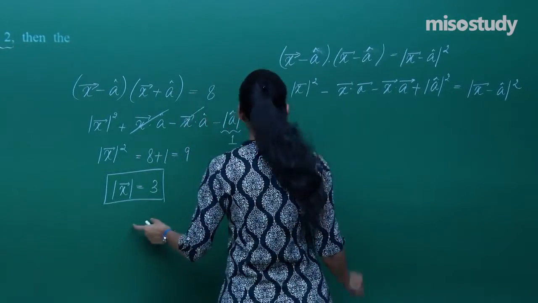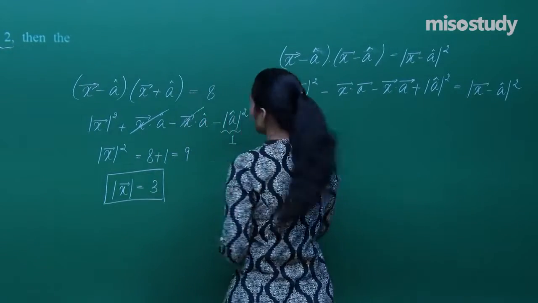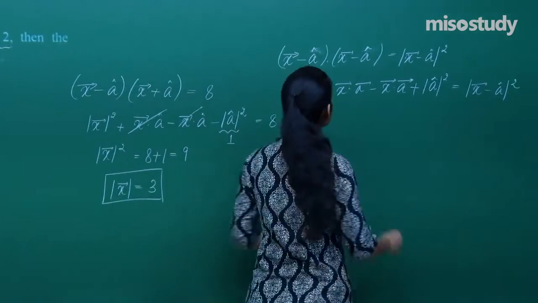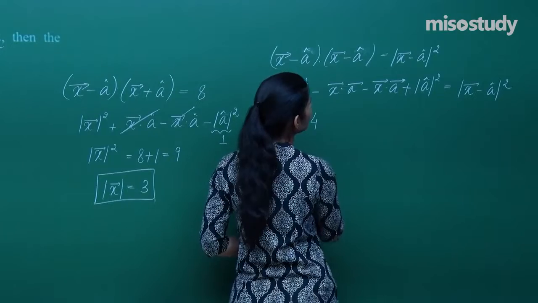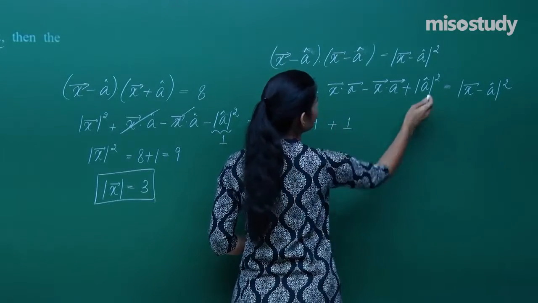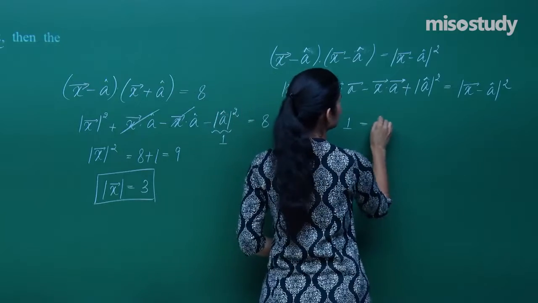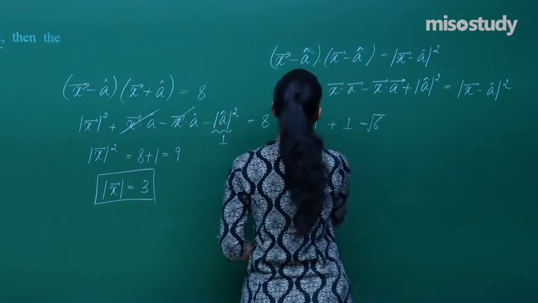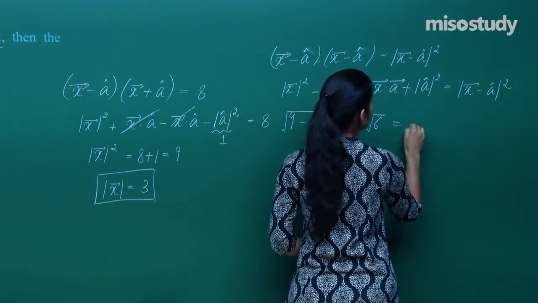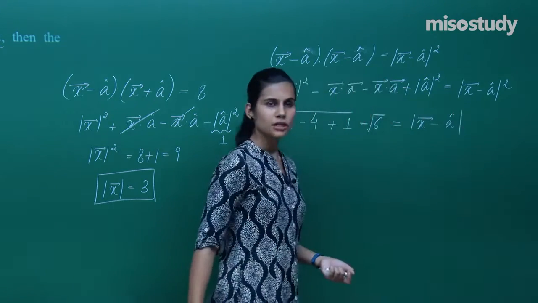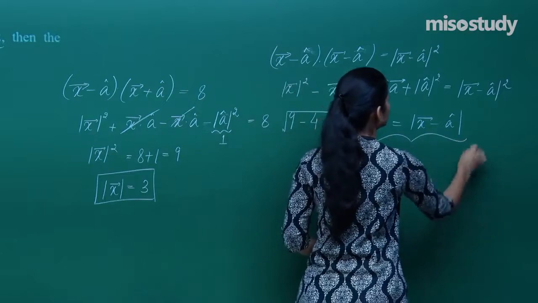Now mod x we just found was 3, so this is 9, minus x dot a, which is given to be 2, so minus 4, plus this is 1. This is 5 plus 1, 6. So you are basically getting that root 6 is equal to mod of x minus a. Mod of x minus a is coming out to be root 6.